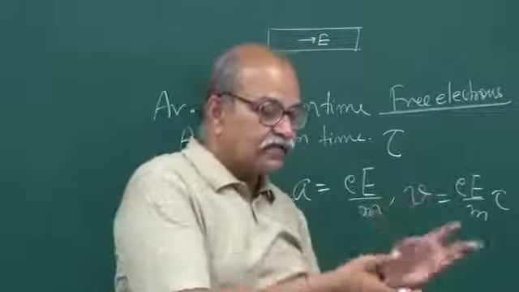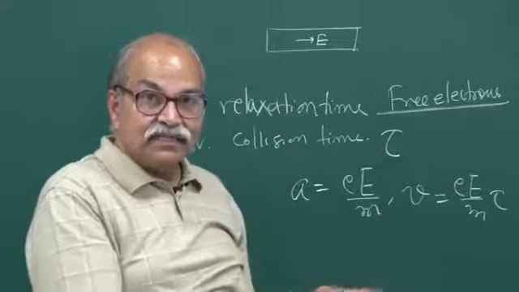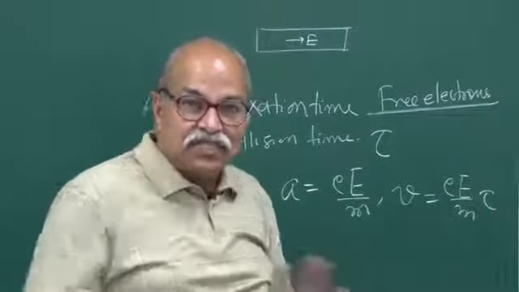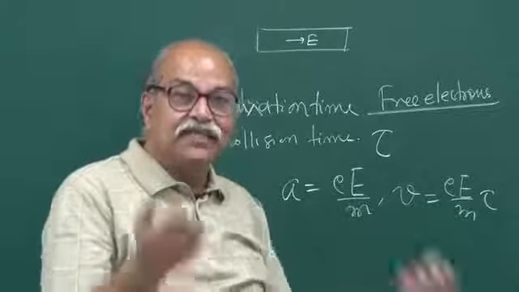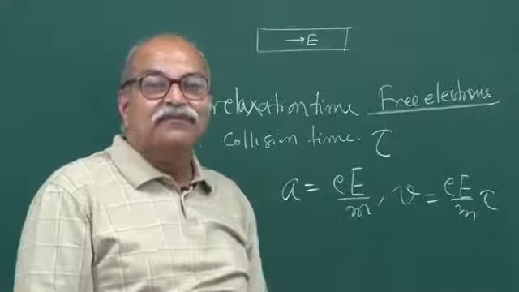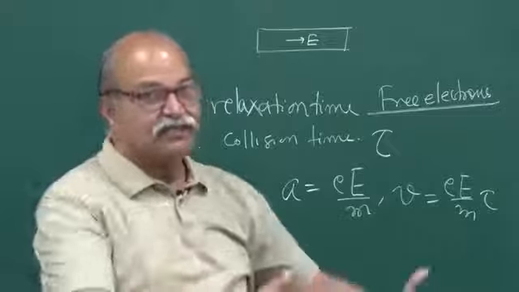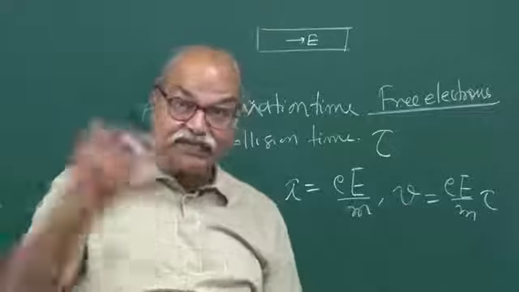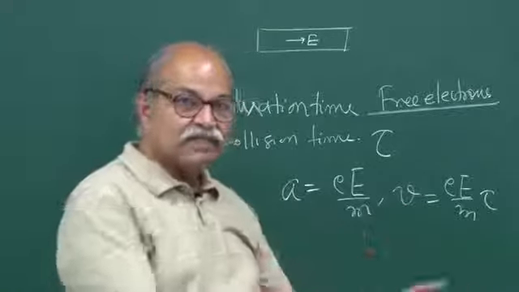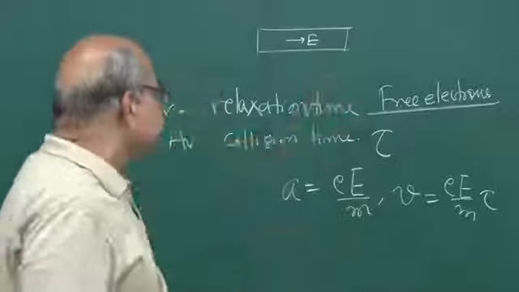Once it gets scattered, all this systematic velocity that it had achieved from the electric field is lost. So again it starts from zero. That random motion is there, but on top of that there is this systematic motion.